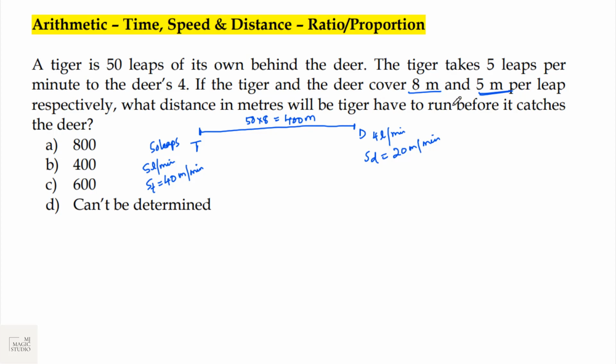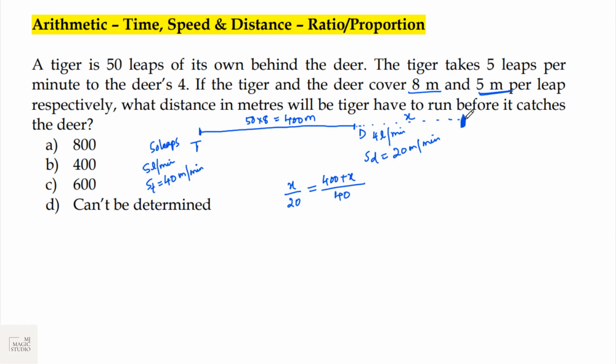What distance in meter will the tiger have to run before it catches the deer? Suppose it catches the deer at this point and this distance is x. That means in the given time, deer have run x meter at a speed of 20 meter per minute. In the same time, tiger have run 400 plus x meter at a speed of 40.